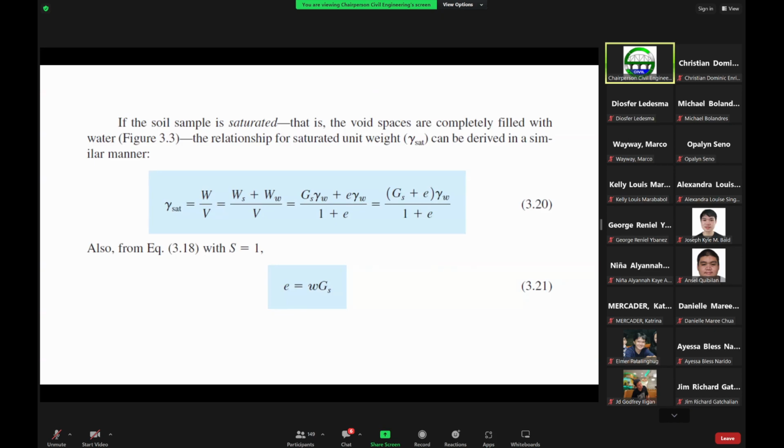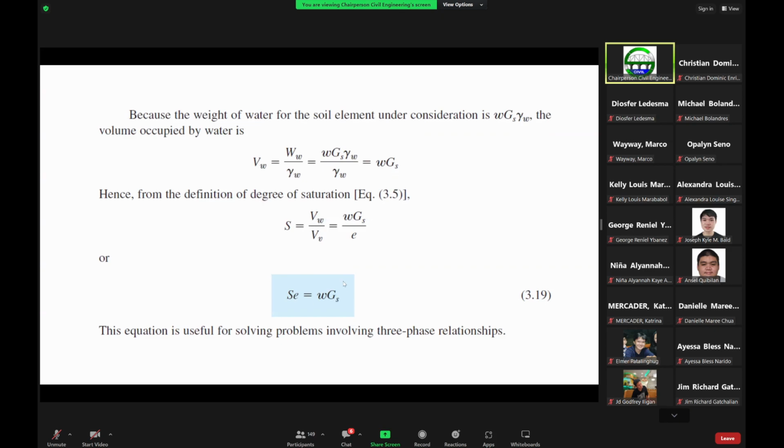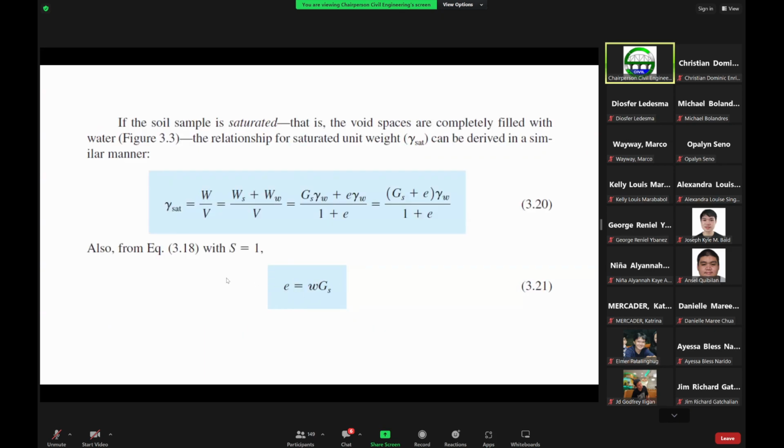And then from this equation as well, if the sample is fully saturated, that means the degree of saturation is equal to 100%. That's in the case of a saturated soil sample.